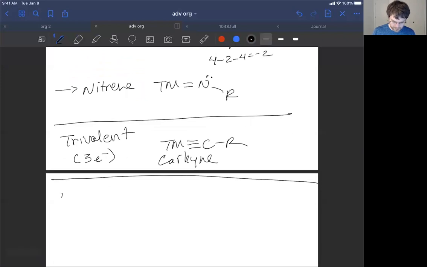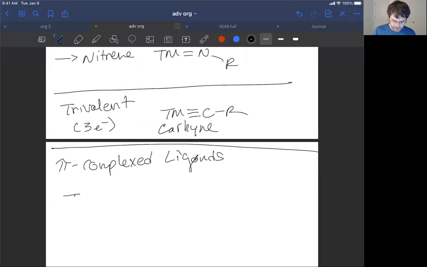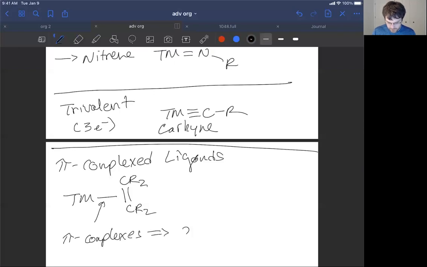are much more prevalent. These are pi-complexed ligands. In pi-complex ligands, you may recall these from the previous lecture, this is when you've got the transition metal directly bonded to a pi bond, in this case some alkene. These pi complexes provide 2 electrons to the transition metal.